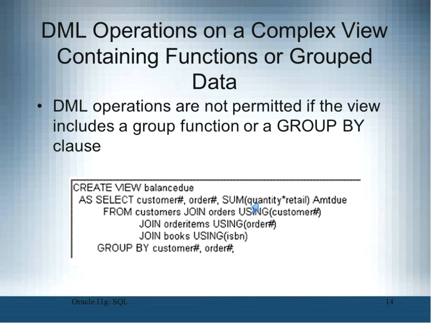For the order total, we are doing this select by customer, by order. So we're going to list the customers, their orders, and then the total amount on the orders.